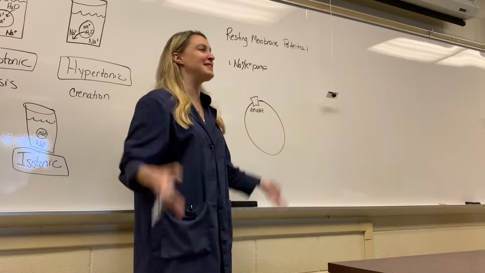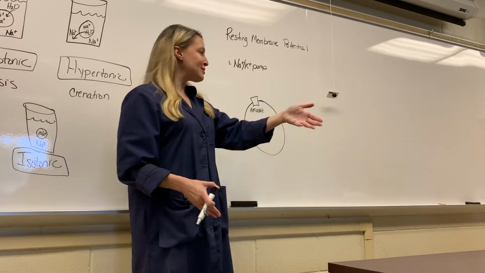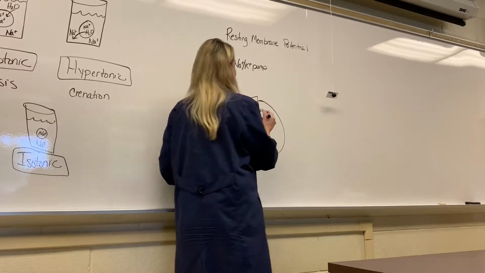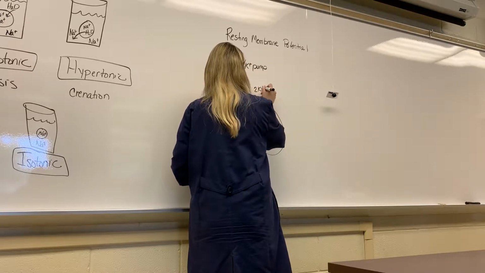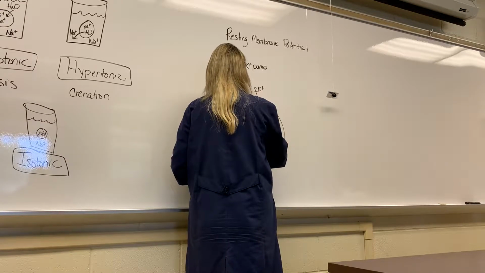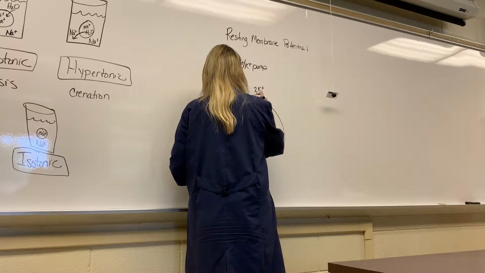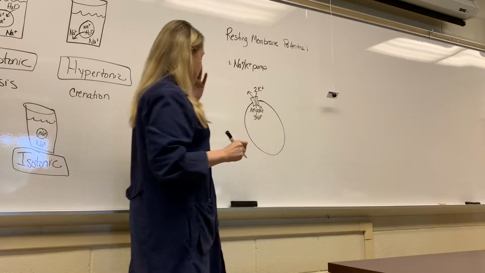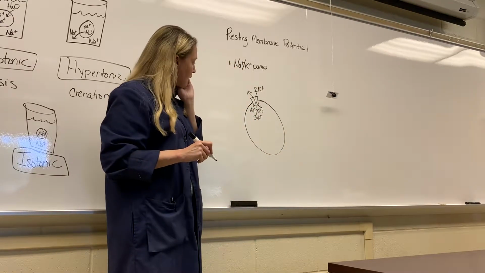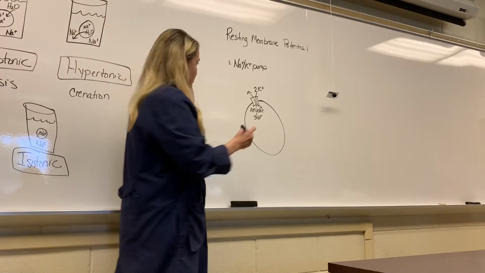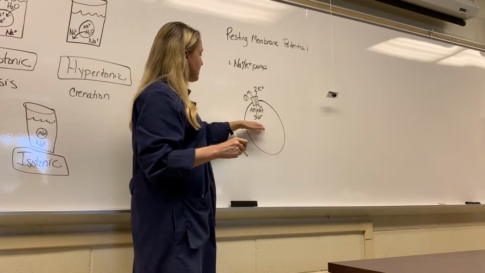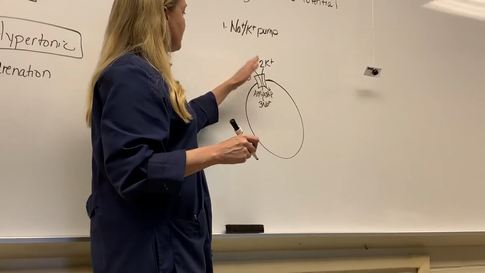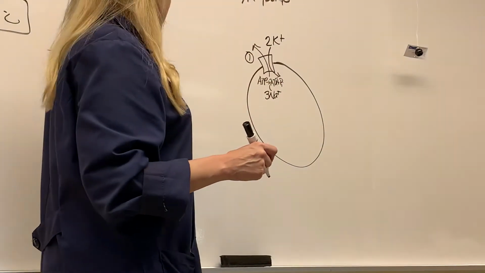It pumps sodium and potassium. Three sodiums out for every 2 potassiums it brings in. So 2 potassiums go in, 3 sodiums out. All right, so that's the first thing, the sodium potassium pump. It establishes high sodium outside, high potassium inside.